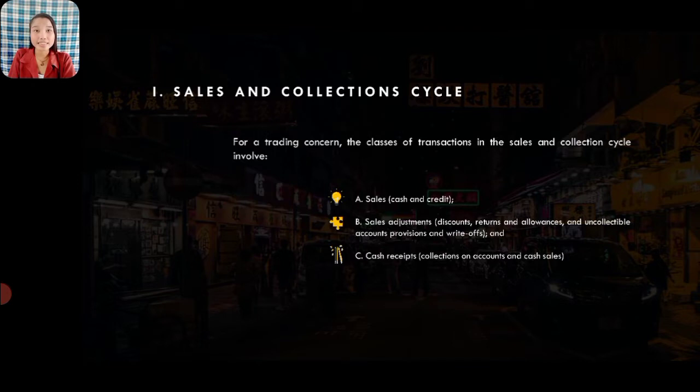The sales adjustments also include the uncollectible accounts provision and the write-offs. And the third class would be cash receipts. When we say cash receipts, these are collections on accounts and cash sales.